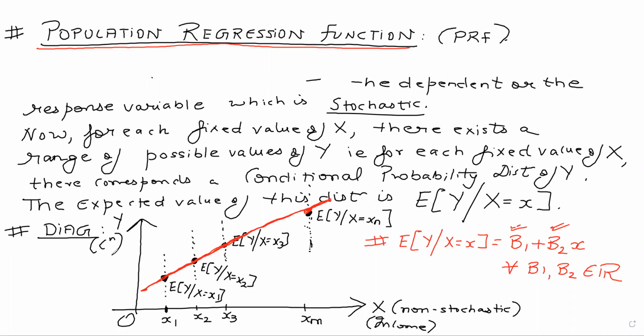Now, out of all those consumption levels, I am picking up the average consumption. For income level X1, this is my average consumption. For income level X2, I have a lot of consumptions, but my average is this. For income level X3, what is my average? This, and so on. So I'm joining all these averages, which gives me the population regression function.